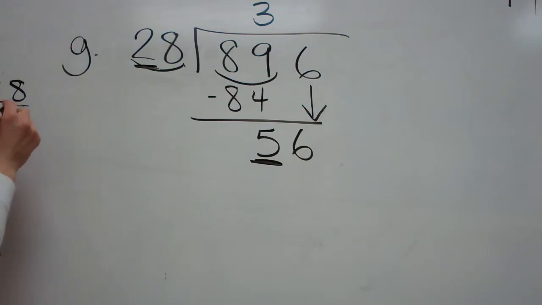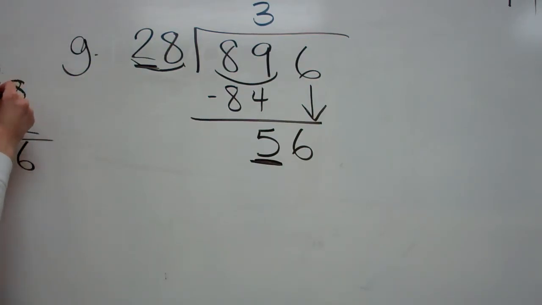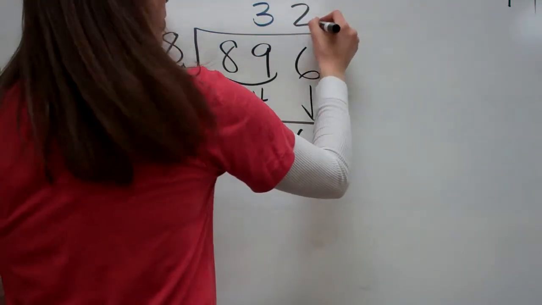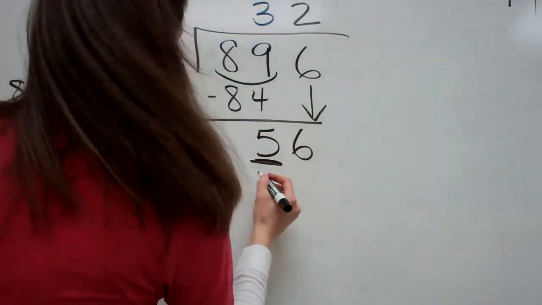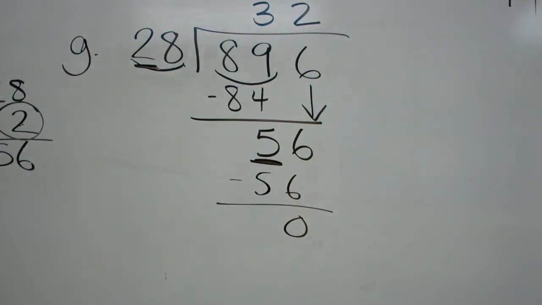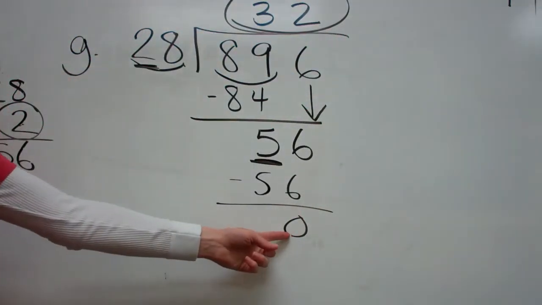So let's do 28 times 2. 8 times 2 is 16. 2 times 2 is 4 plus 1 is 5. Yes. Exactly right. So we used 2 on that one. 8 times 2 and all that is 56. We end up getting 0. Very good. Everybody understand? 32 is our answer, and it actually comes out evenly.